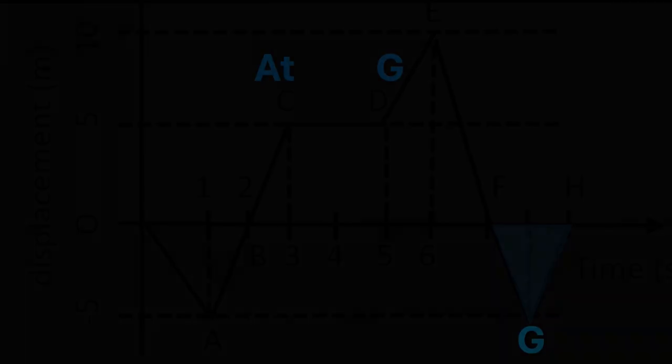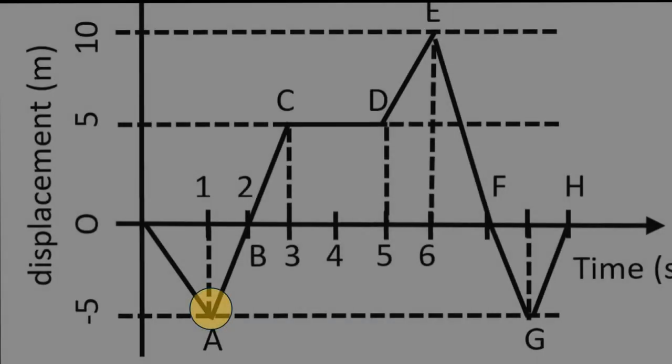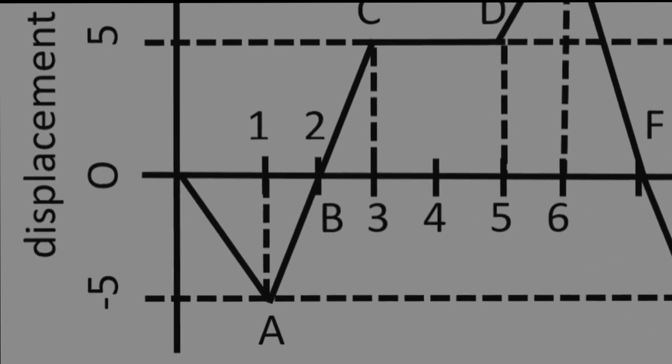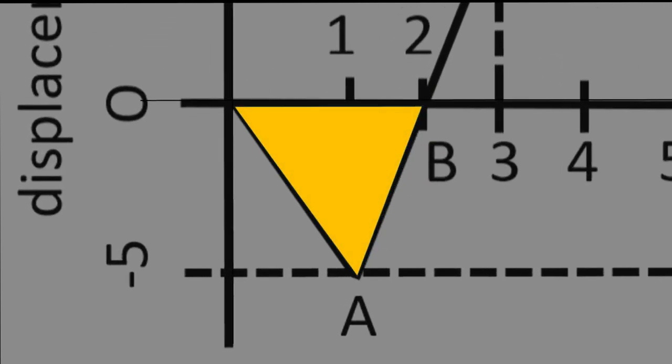What is that? To understand that, we'll have to focus only on that path and the points A, E, and G. Only the corner points. So let us focus completely on OAG now.